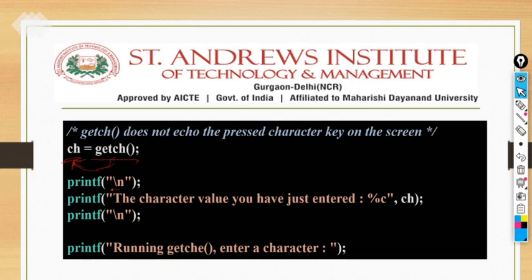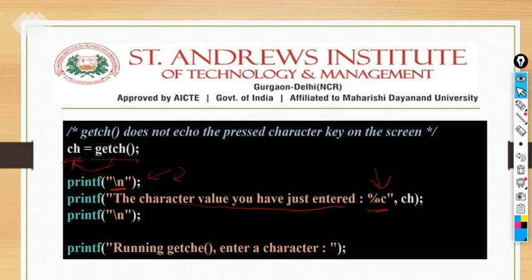Then printf with \n, the escape sequence, moves to the next line on the console screen. Next it will print the character value you have just entered using %c, the format specifier for the character data type.